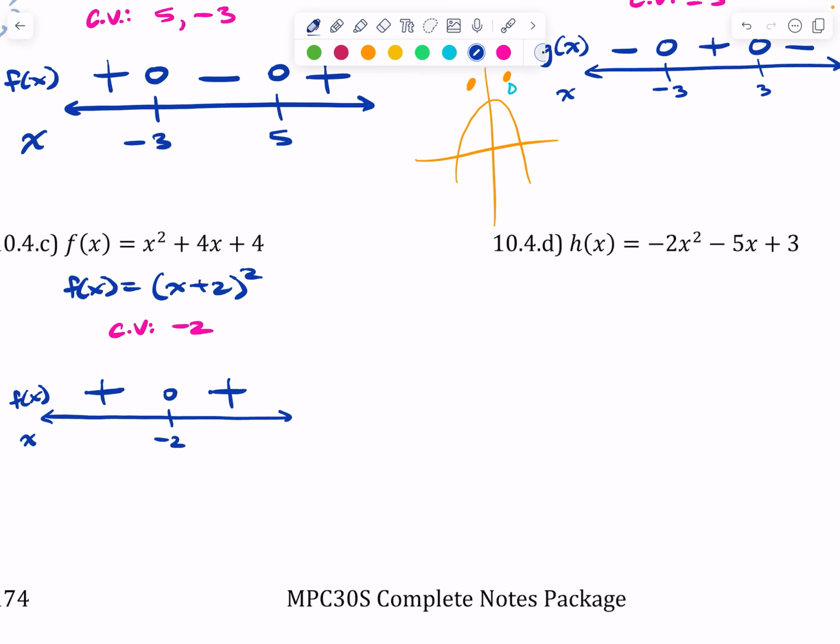Whoa, this one's intense. No worries, we have skills. I might personally take one extra step for factoring. It is factorable without factoring out this negative leading coefficient, but I find it easier to deal with a leading coefficient that's positive.